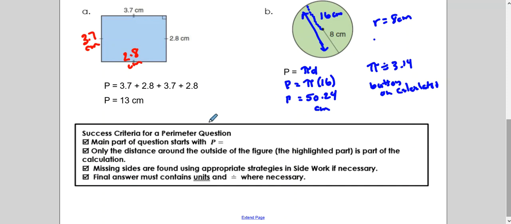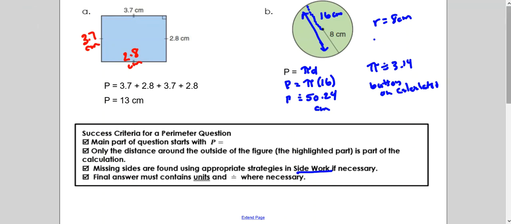That doesn't count. If we were going to put a fence around the outside of that shape, we want to know that distance. We're going to find missing sides, and we can put an approximate answer if it's not an exact unit, and that's okay.